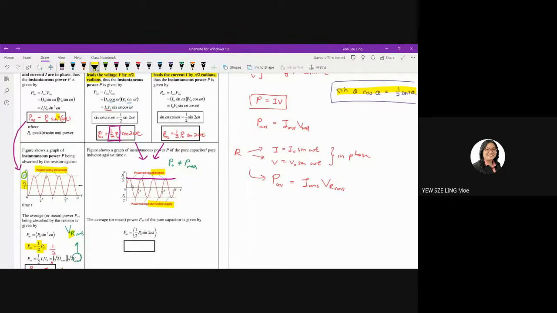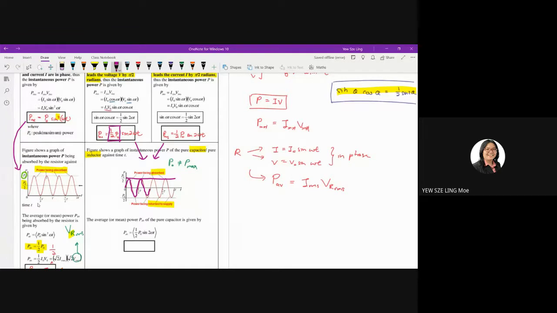So your capacitor and inductor just receive the power in the first half cycle, and after that, give it back to the power supply. So what happens right here? Receive, return, receive, and then return.